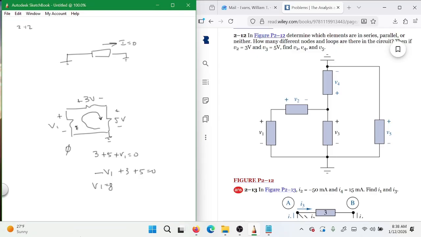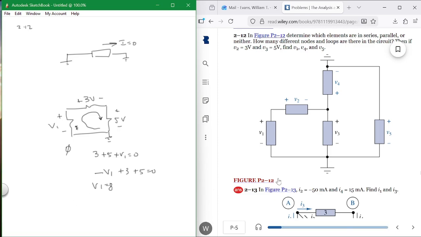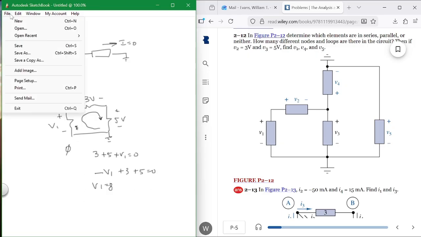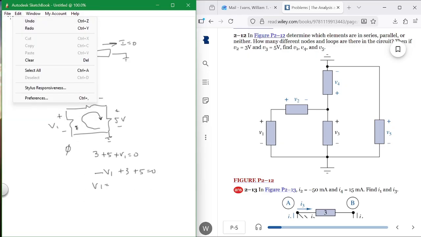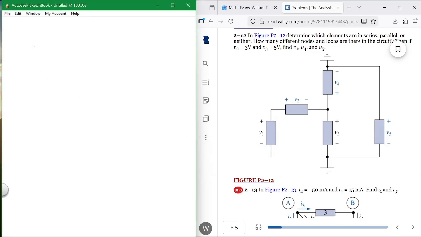All right. What is V4? So again, I go around this loop, and I don't care about the ground.